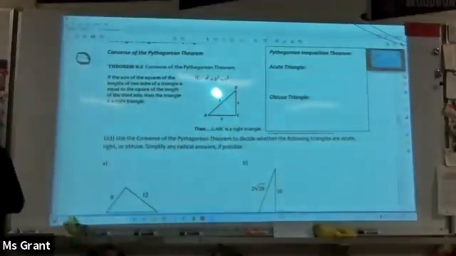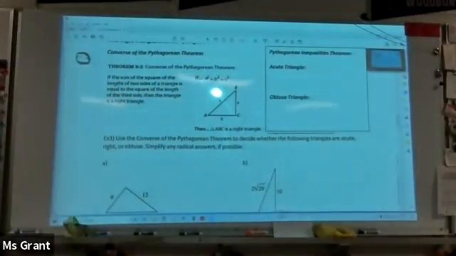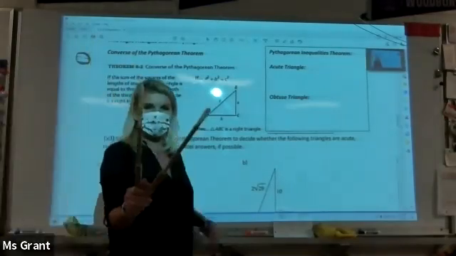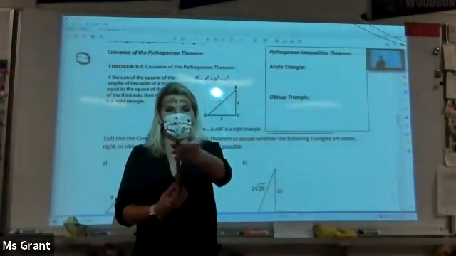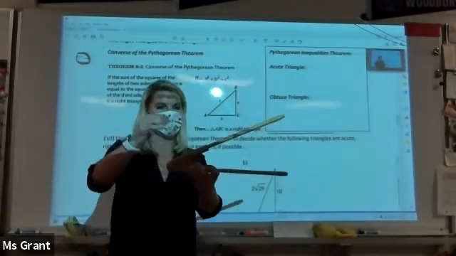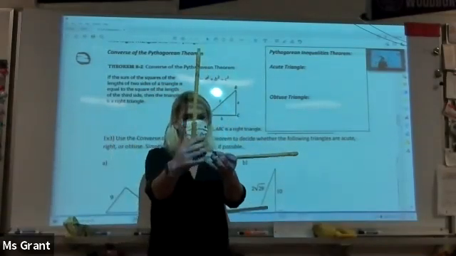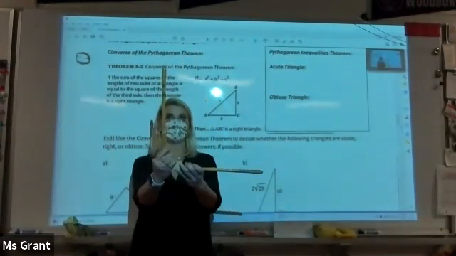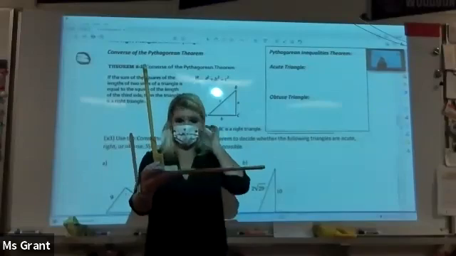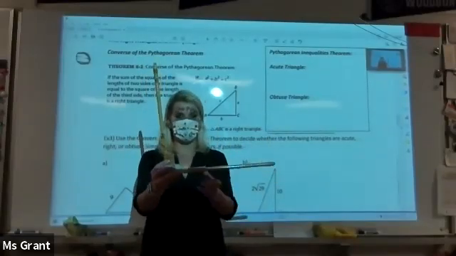Okay, I have something cool I want to show you. This awesomeness is a compass that you used to use for chalkboards. So you put chalk in it. But here's what I want to show you. If I have a 90-degree angle in my triangle, right? This is perfect for Pythagorean theorem.